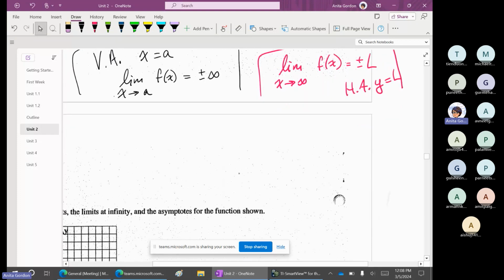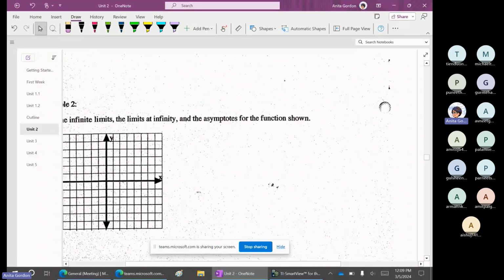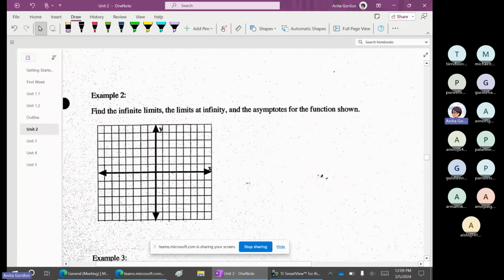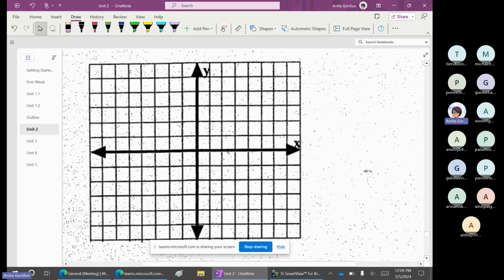Okay, let's take a look at this here. Find the infinite limits, the limits at infinity, and the asymptotes for the function shown. You do not see a function, so let's draw one. I'm going to zoom in here.